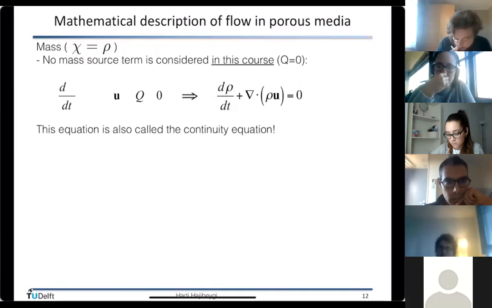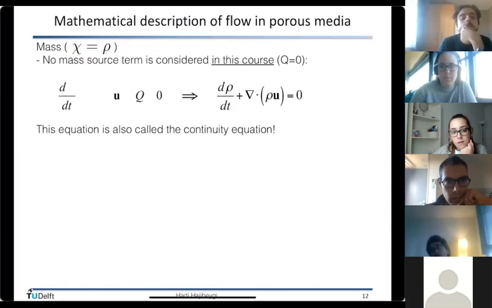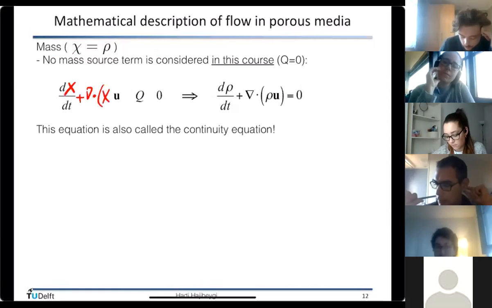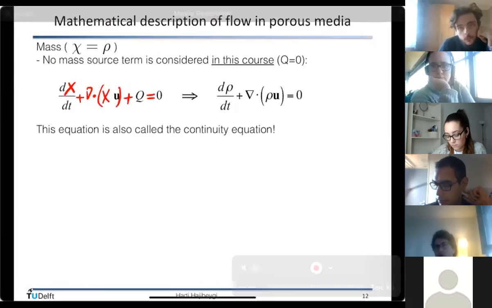So I'm going to replace x with density rho, and that would give me my mass conservation. It used to be dx/dt plus divergence of xu plus q is 0. That was my generic PDE for conservation law.